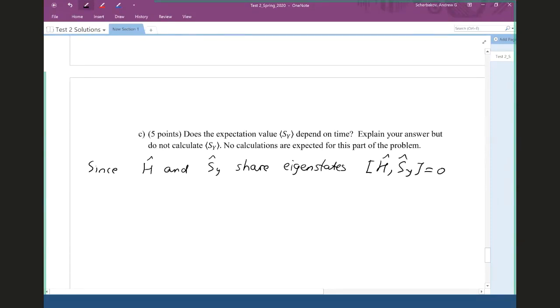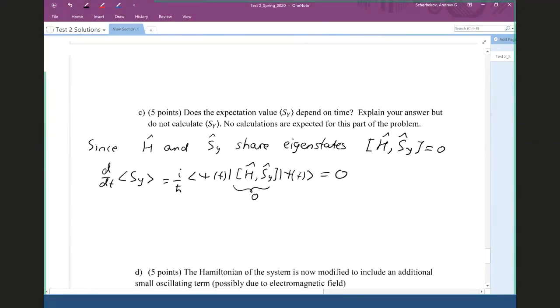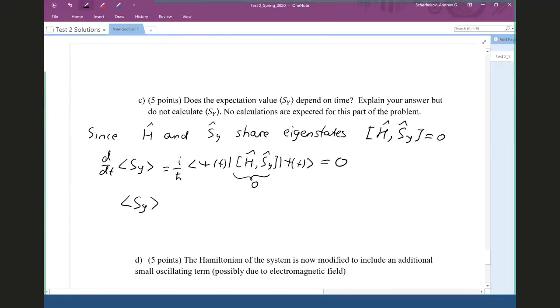Okay, and because of that, we know that d over dt of the expectation value, remember that we derived that for a random operator A, is i over h bar times the expectation value in psi of t of the commutator of H and Sy. This is simply 0 because that commutator is 0. And that means that the expectation value of Sy is constant. It does not depend on time.